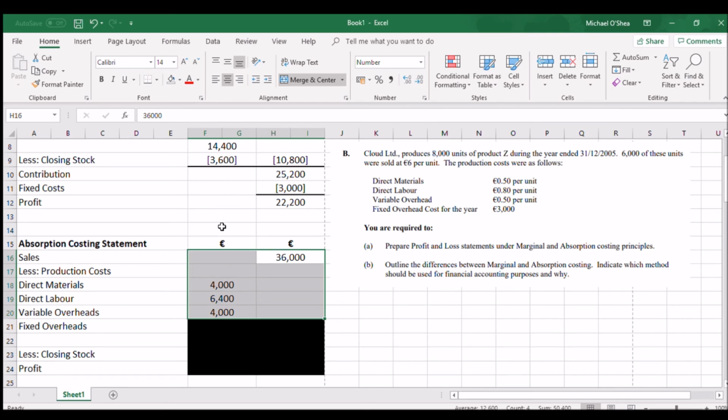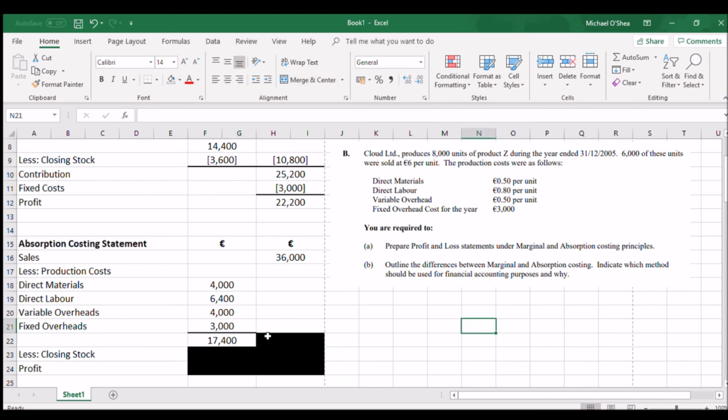But that's not my total, because for absorption, it's done in a different way. Closing stock is calculated including fixed overheads. So the fixed overheads, as we see them here, are 3,000. I'm going to include that, and now my total is 17,400. That's my total for my costs, both fixed and variable. So with absorption, we take closing stock from our fixed and variable costs together.